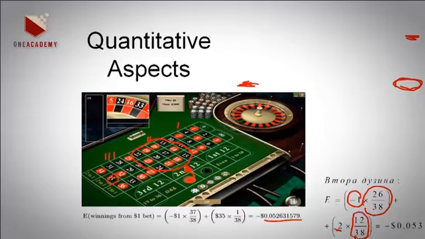And if we compute all this, we derive basically minus 0.053 cents expected value, which is first of all a negative expected value.